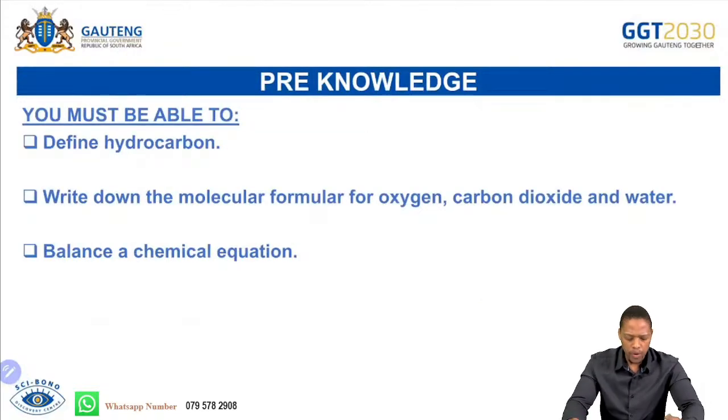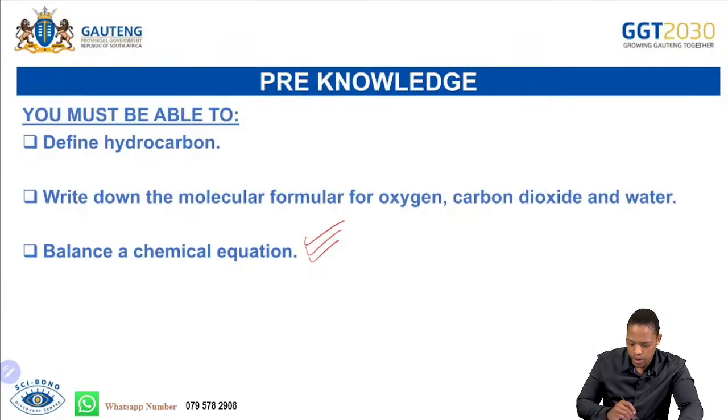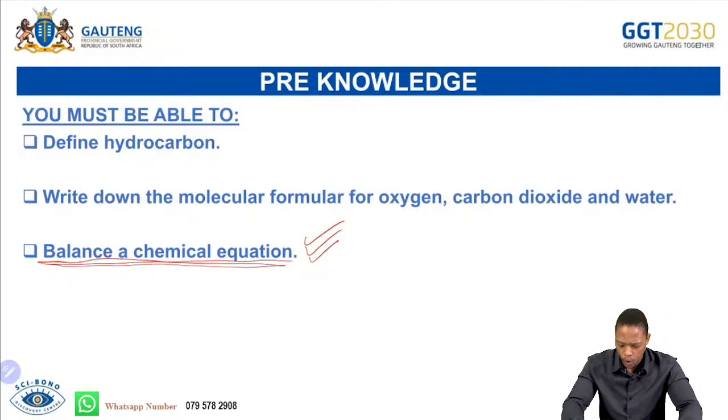Our pre-knowledge is what we are expected to come to this lesson knowing. We must be able to define hydrocarbons. And then we're going to go back a little bit to grade 10, when we were introduced to writing molecular formulas for oxygen, carbon dioxide, and water, and also writing chemical equations and balancing chemical equations. We did a lot of this in grade 10, where we had to write chemical equations and also balance them.